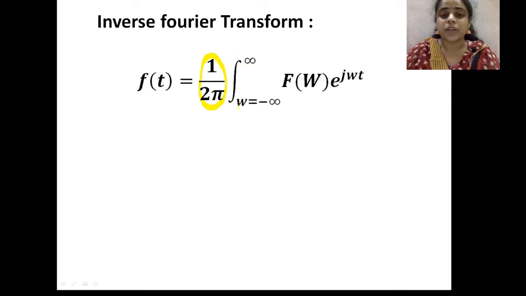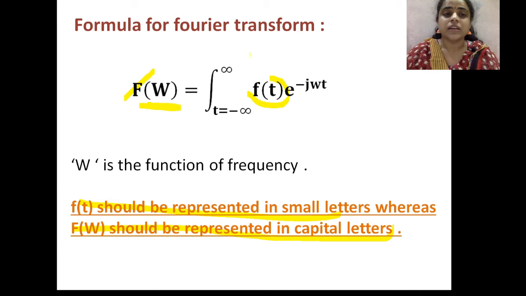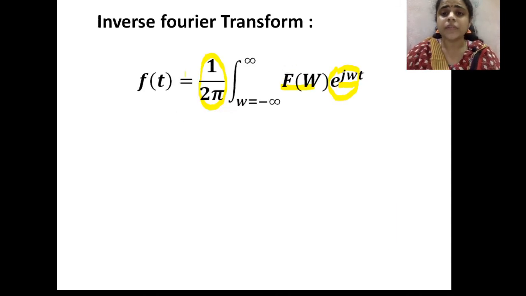Here the variable is omega. The sign of this exponent will change: e power minus j omega t in the Fourier transform and e power j omega t in the inverse Fourier transform. In the same way, the discrete Fourier transform will be there.